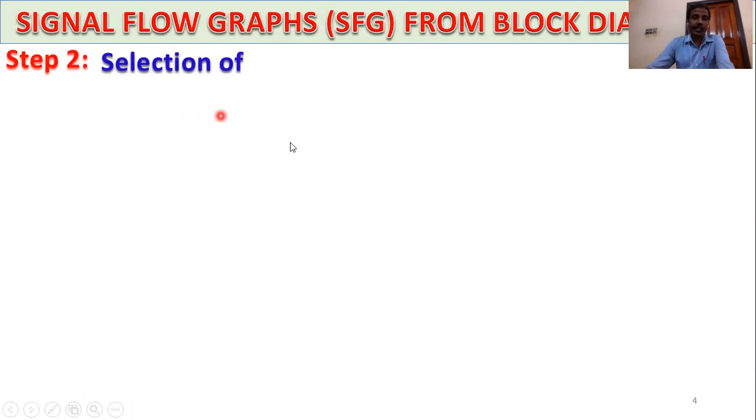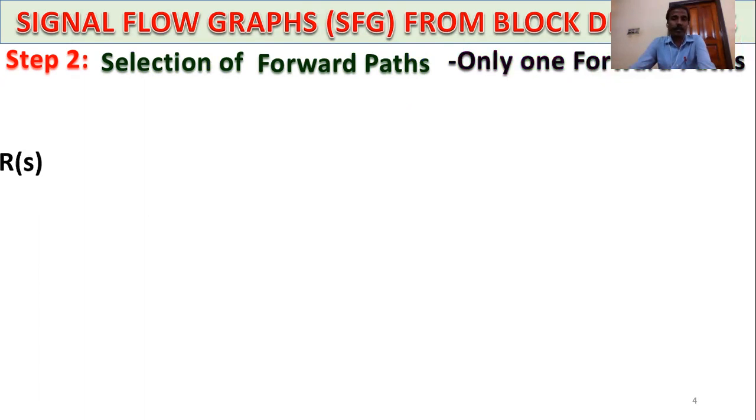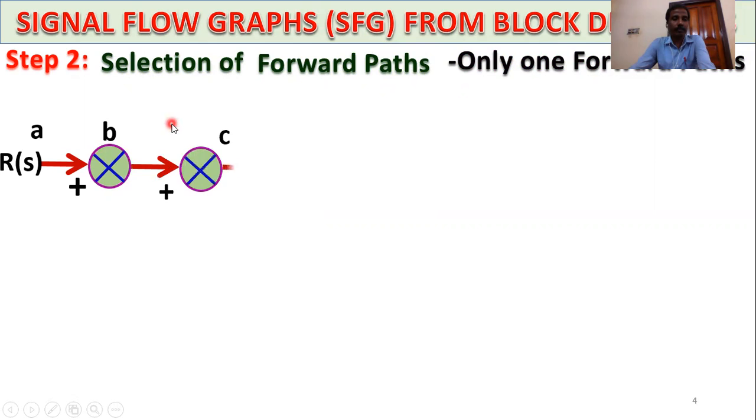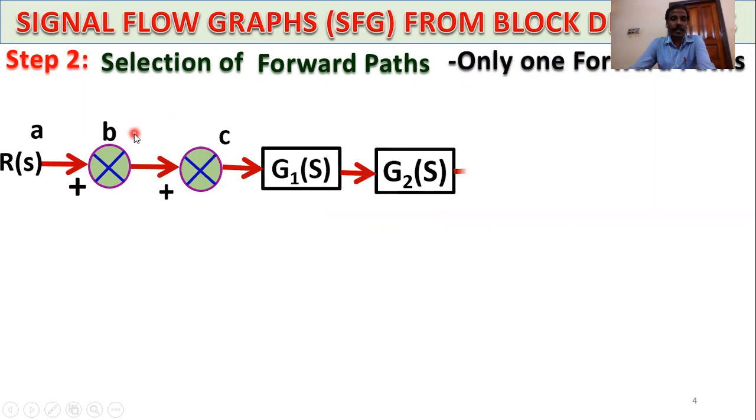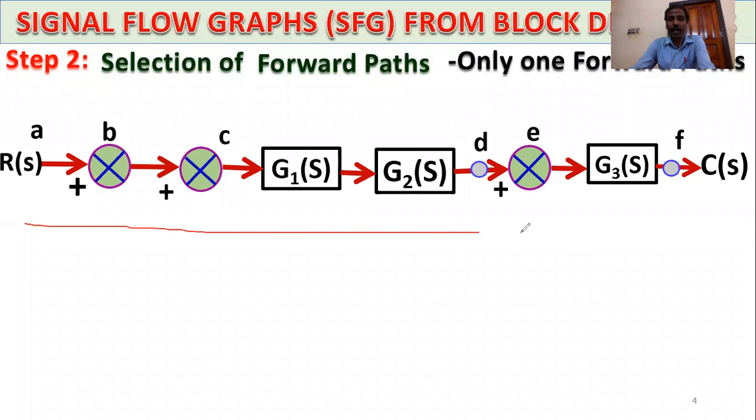Then step 2, selection of forward paths. Only one forward path in this problem. This is the forward path in the block diagram: A, B, C, G1, G2, node D, node E, then G3, node F, and G. So R(s) to C(s), this is the forward direction, unidirectional, and that's why this is the first forward path.